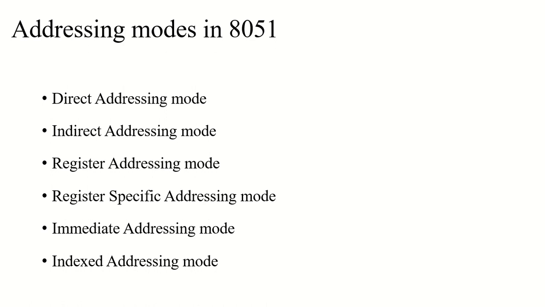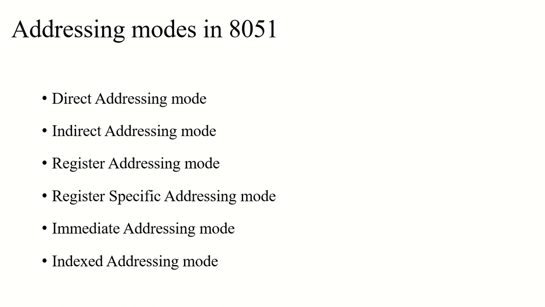So the way by which these address locations are specified is called addressing mode. Remember, the definition was the same, except that instead of microprocessor we use the term microcontroller. So it is all the same.